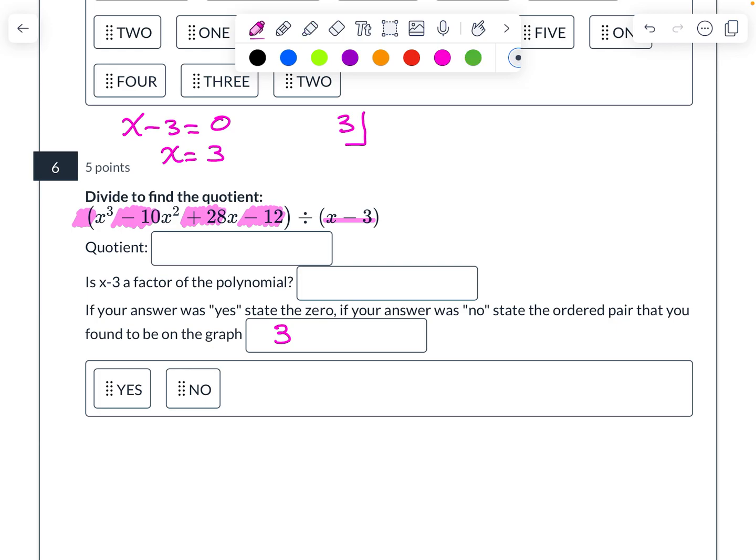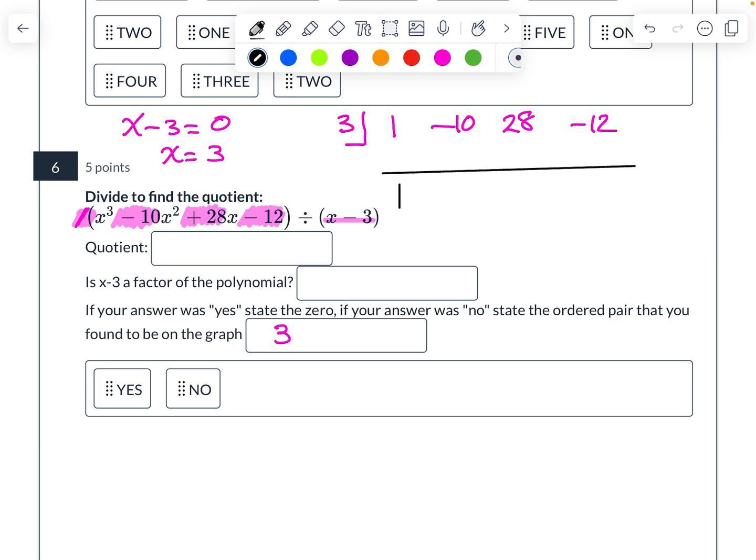So for my synthetic division, I have the number 1, the number -10, the number 28, and the number -12, because this number that you don't see is a 1. I'm going to put my equals bar. I'm going to leave a space. And I'm going to multiply. Bring the first number straight down.